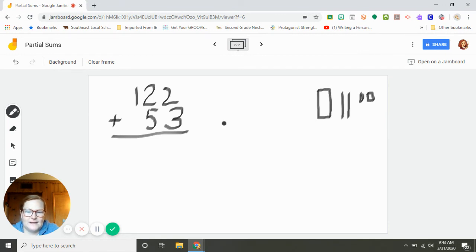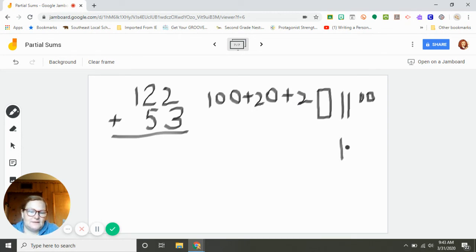So I know 1 flat equals 100. 2 tens equal 20. And 2 cubes equal 2, because it's the ones place. So there you go.